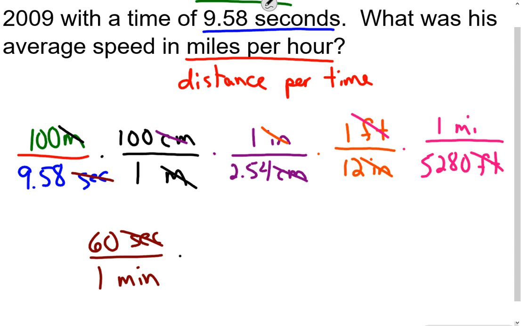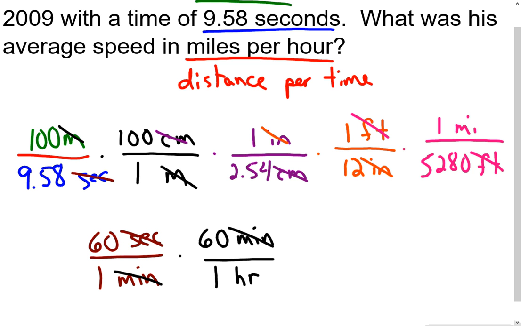Now I need to get to hours, and I know there are 60 minutes in 1 hour. Now my minutes will divide out, and my label is hours.